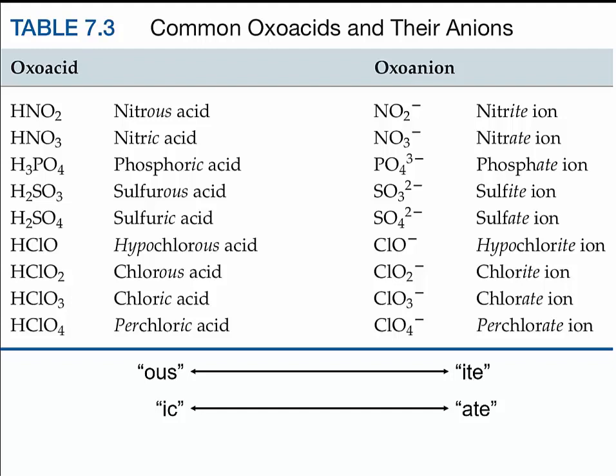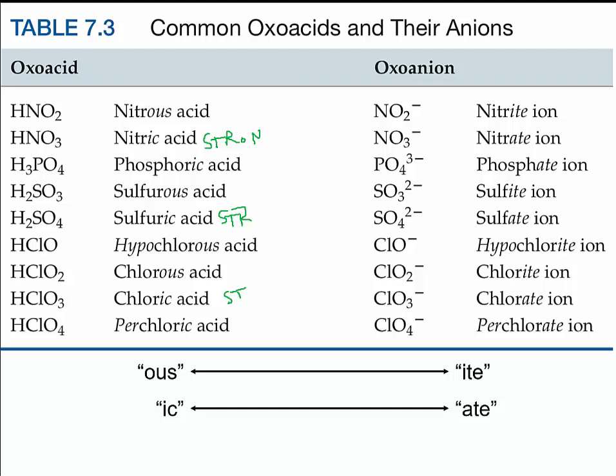Phosphoric acid, this is what does a lot of the damage to your teeth when you're drinking soda pop. Sulfurous acid from sulfite, and sulfuric acid from sulfate. That guy's strong. Hypochlorous acid from hypochlorite.